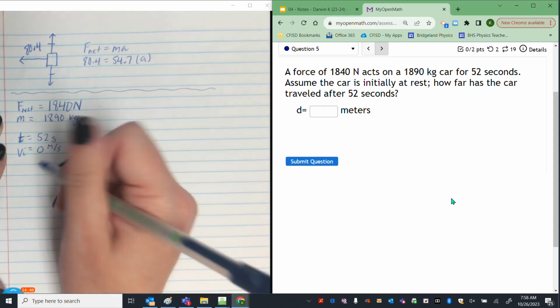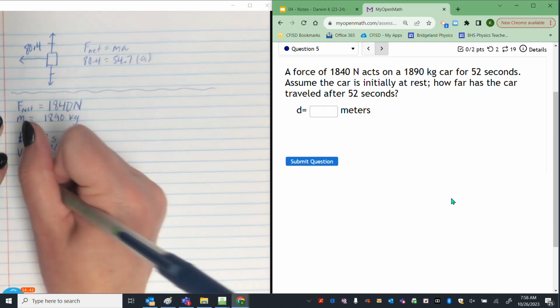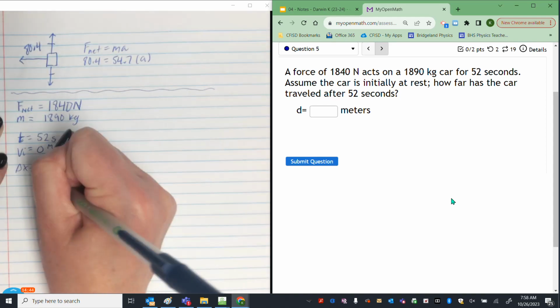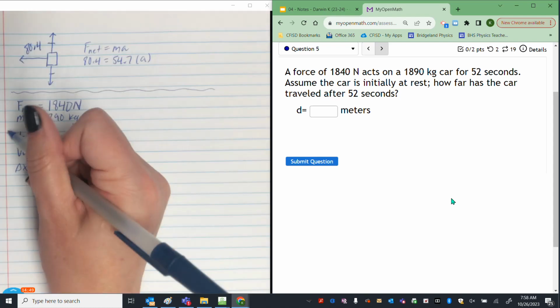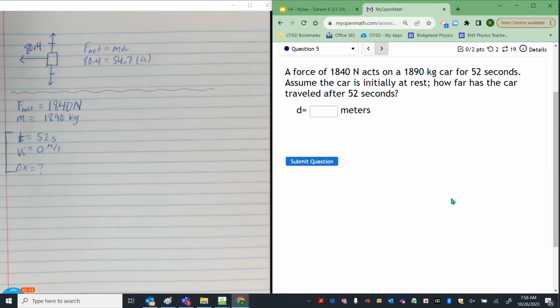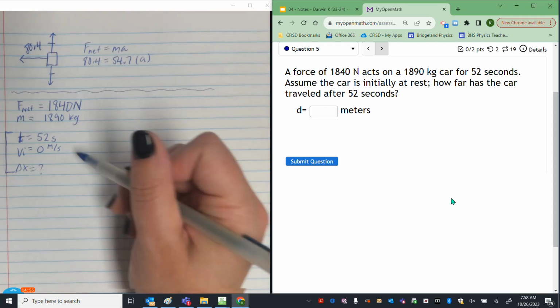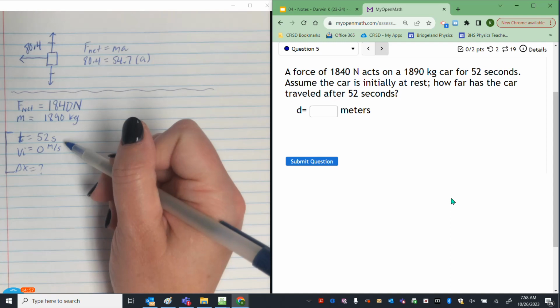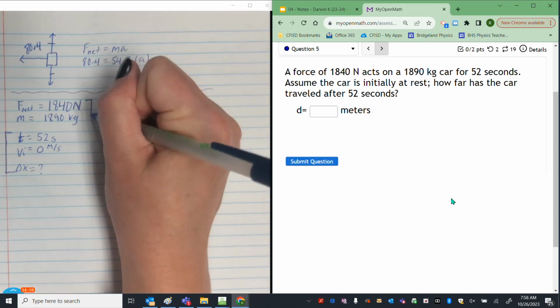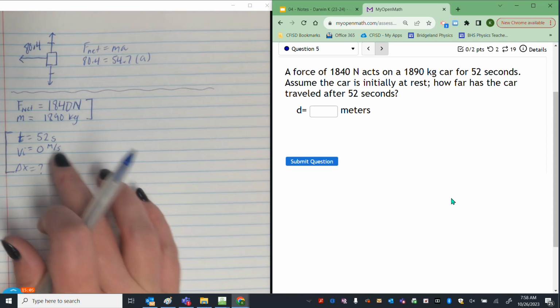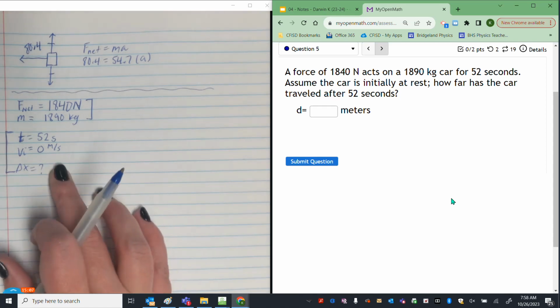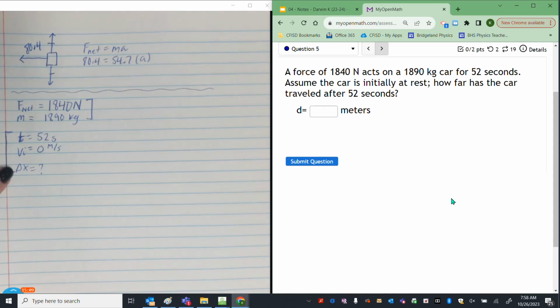And we're looking for how far the car travels at the end of that. Looking at these, they show up in my kinematic equations, the ones on my board behind me. But in order for me to use this, I need the acceleration. That's what I'm using this for. If they give you a net force and a mass, find acceleration, and then you can use that acceleration down here with your kinematic equations in order to solve for the missing variable.